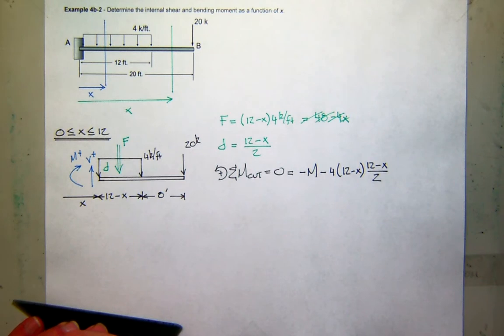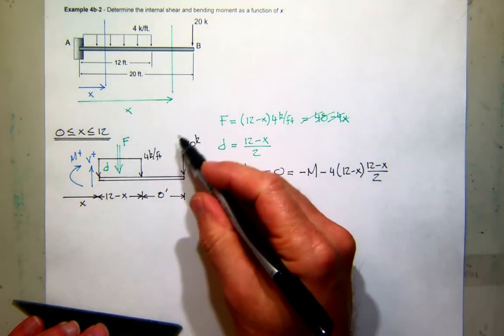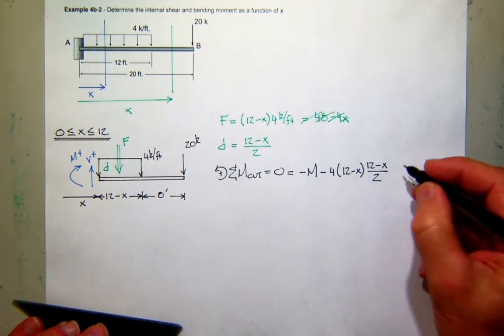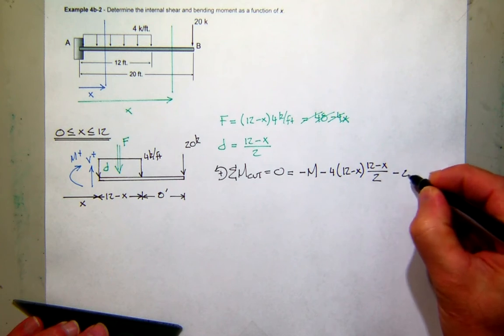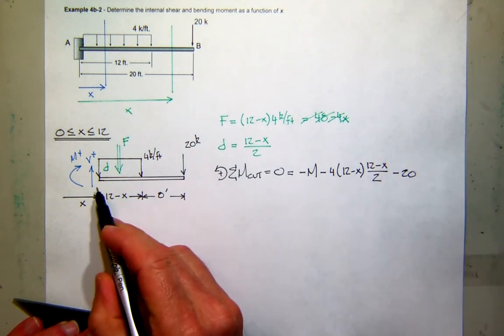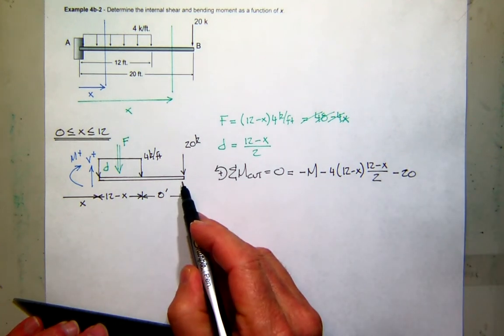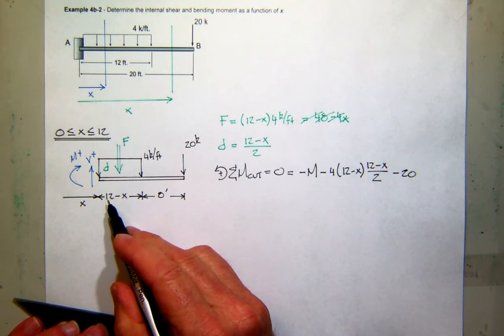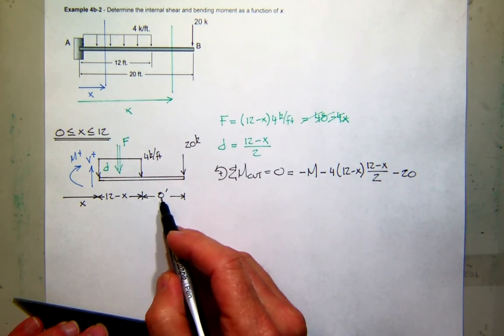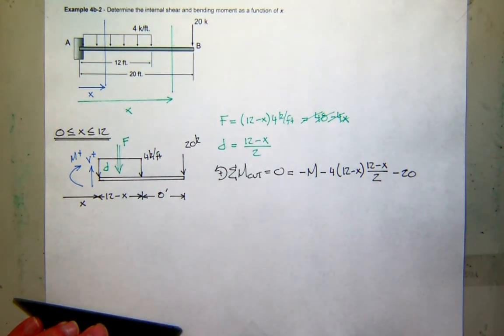And what else? 20. I got this guy. Is that going to create positive or negative moment? Negative. So the force is 20. What's the distance from the cut to the end? 12 minus x plus 8. Yeah, 12 minus x plus 8 is 20 minus x.